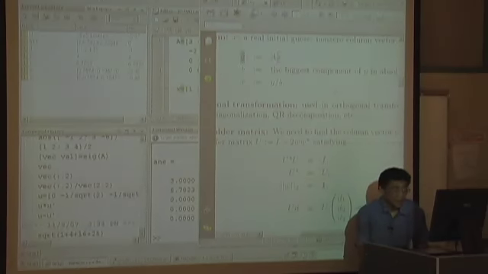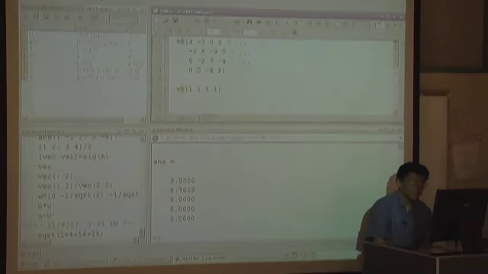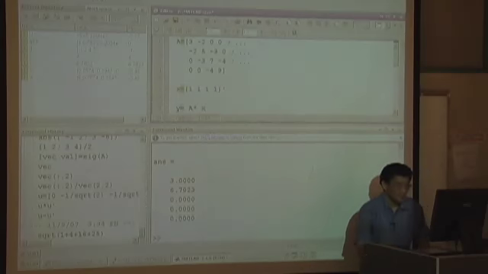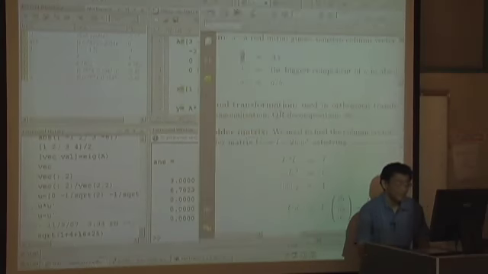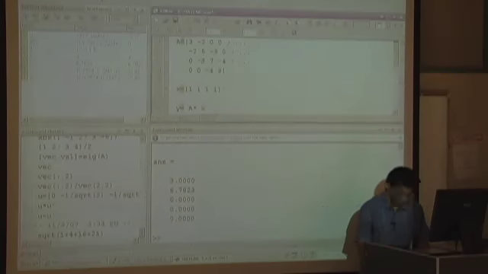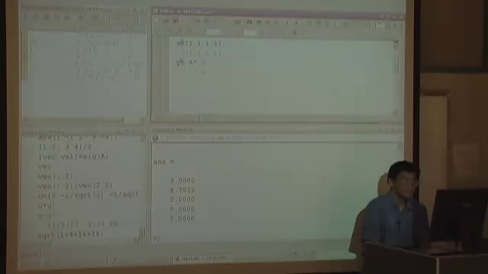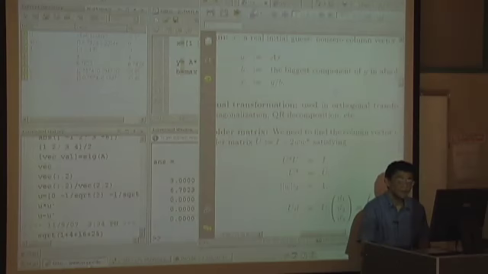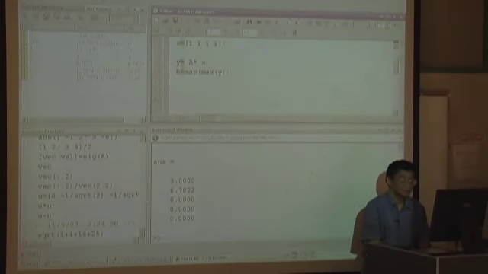And then Y will be determined. So Y equals A times X. And then the next step is B. So B is the maximum entry of the column vector Y. Maximum component of Y, right?